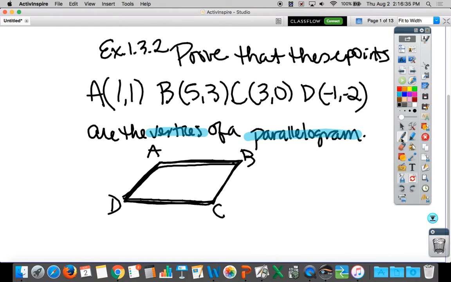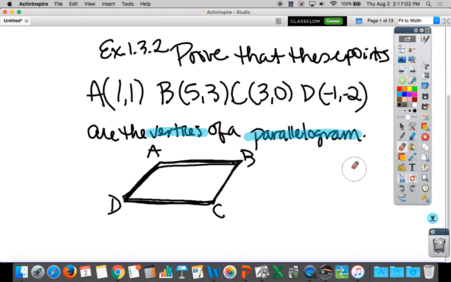Because if this distance is equal to this distance, and, because these could be equal distances, right? But does that mean, like, you want these to be equal distance, but this can be equal distance, couldn't they? Doesn't mean they're parallel. But if these are equal distance, then we got a parallelogram, right?